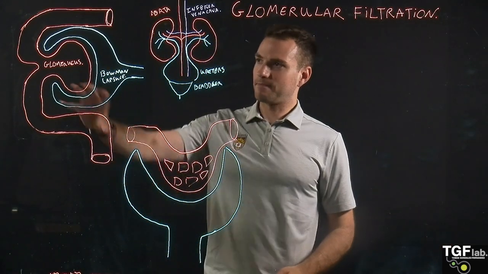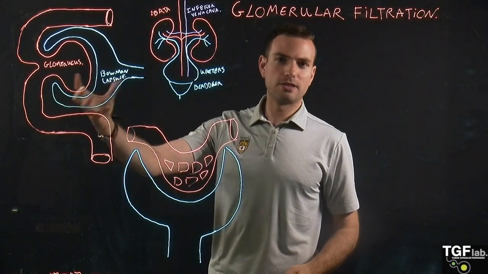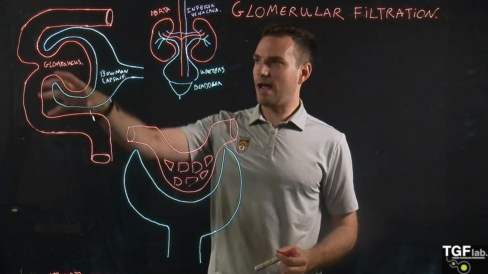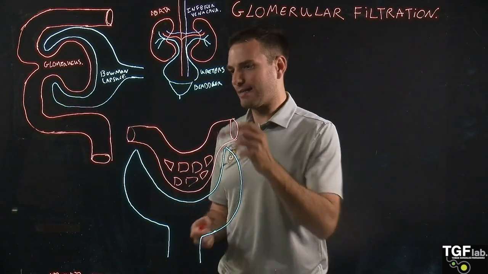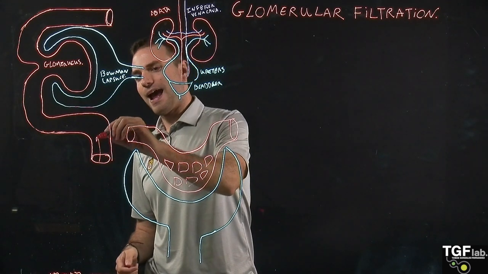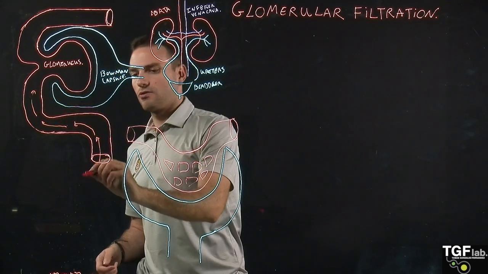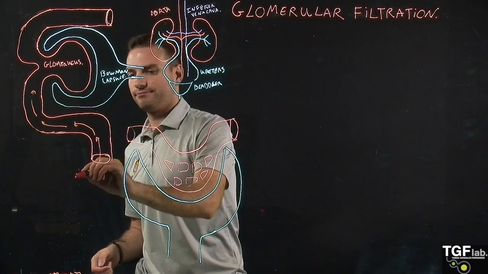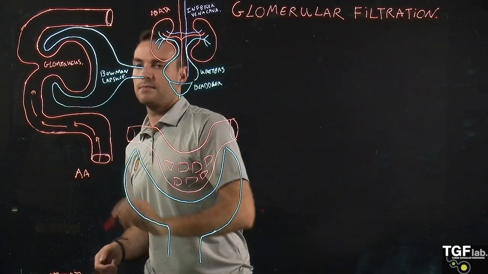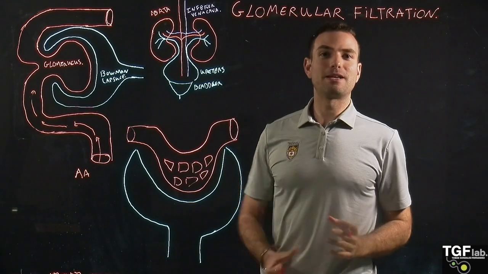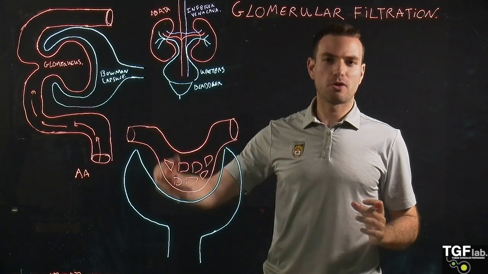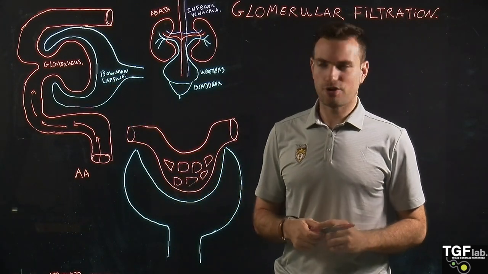Here the glomerulus is part of the kidney arterioles. The blood is going to get into the glomerulus through the afferent arteriole. It's called afferent because the blood comes into the glomerulus through the afferent arteriole.